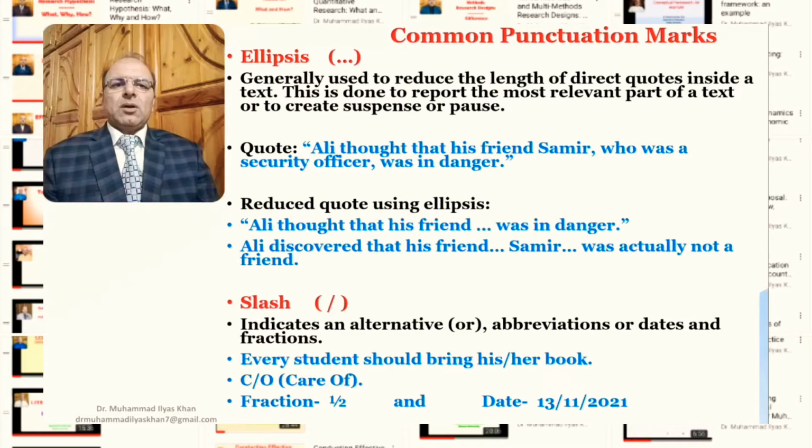So instead of using his or her, we have used this slash. C/O, care of, abbreviation. Fraction, sometimes we use it to represent fractions such as half or 1/2, and days. So you can see the use of slash in date here.